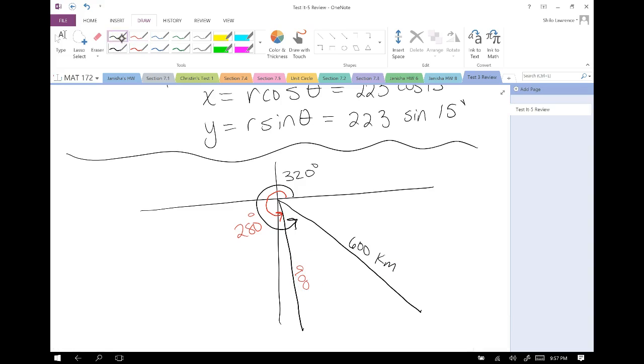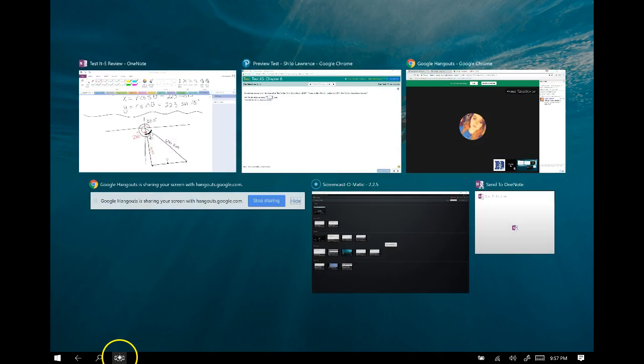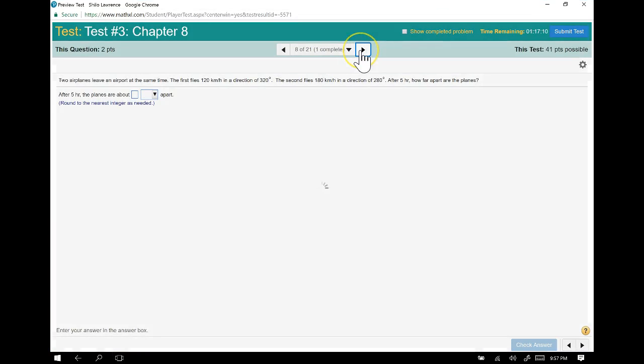And we want to know how far apart they are after 5 hours. So that would be this distance. We can figure out this angle. That's just the difference between 320 and 280, which is 40. So we know two sides and an angle of the triangle. We're trying to figure out the third side. So the hardest part is trying to interpret that information and draw a picture for it. After that, it's a pretty simple triangle problem.